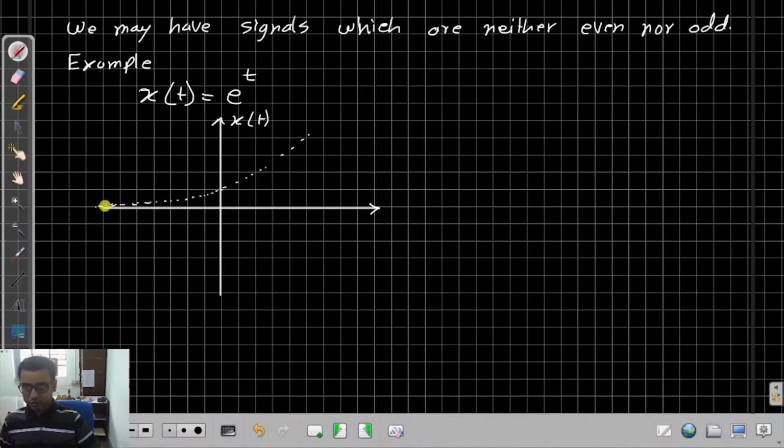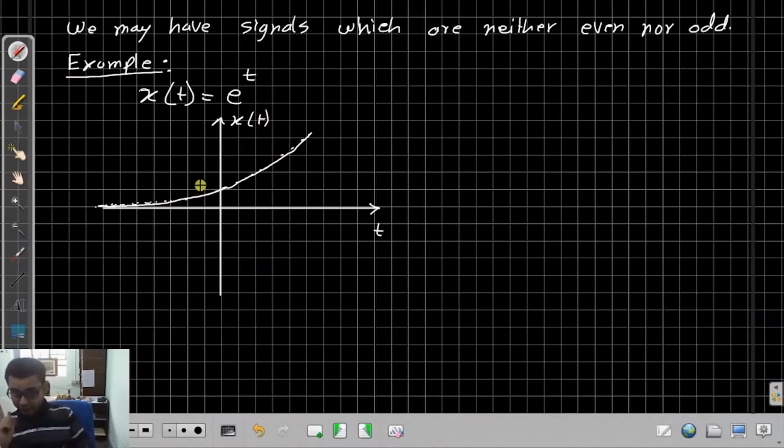That's how the graph of e to the power t looks. And you see, it is neither even nor odd. If you flip this signal around the vertical axis, it will not remain symmetric or antisymmetric.